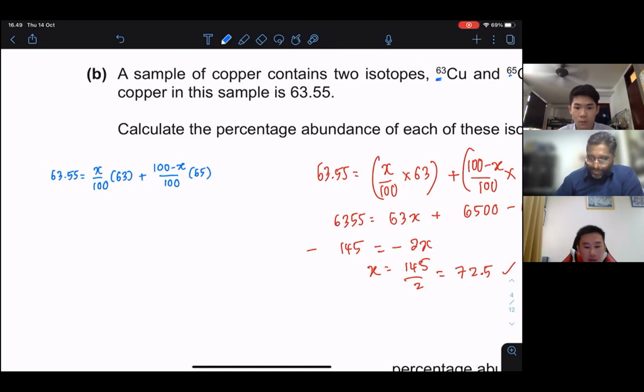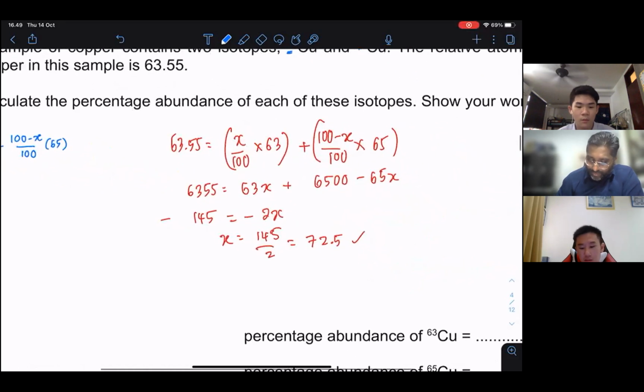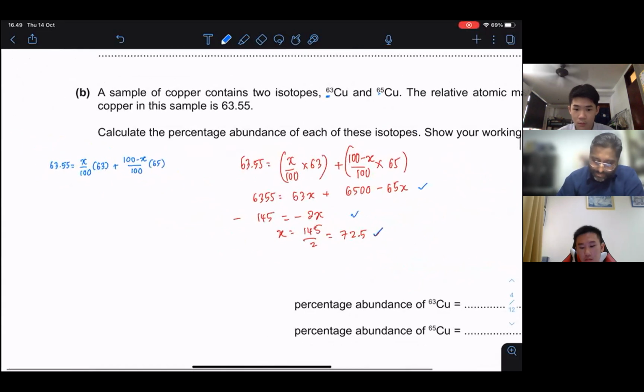I have done this for you. You just do the same, and you can find out that X is going to be 72.5. It means 72.5% is copper 63.